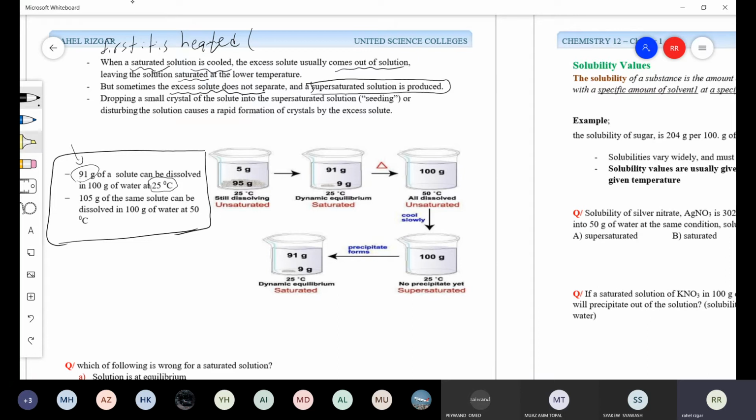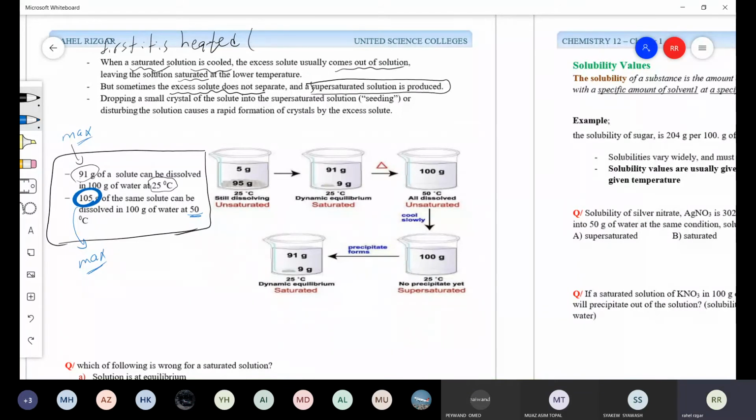So this is the maximum. But the same solute at 50 Celsius, 150 grams can be dissolved. So this is also a maximum: this is the maximum for the higher temperature, and this is the maximum for the lower temperature.